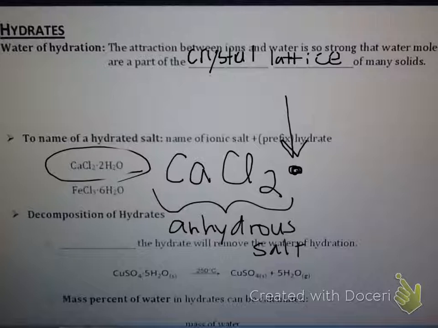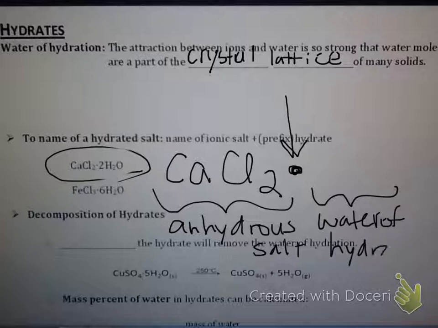So next to that, once we have water bound to it, this is called the water of hydration. Water that's loosely bound inside of the crystalline lattice. So here we have the dihydrate, or there's 2 waters bound to every 1 calcium chloride salt unit in the system.